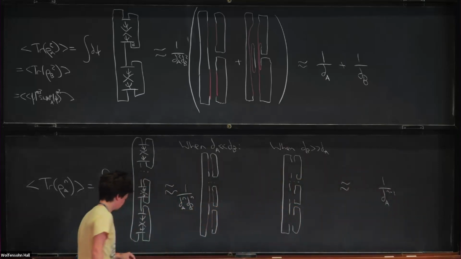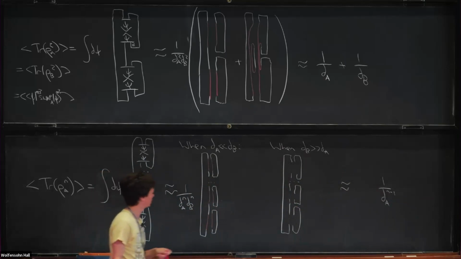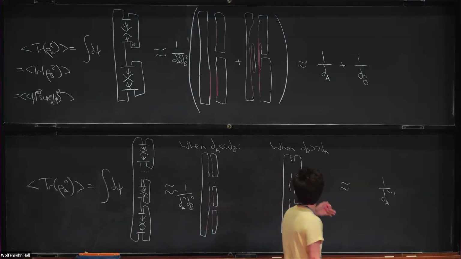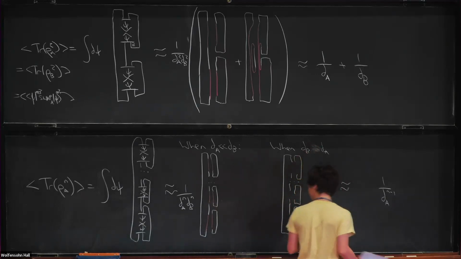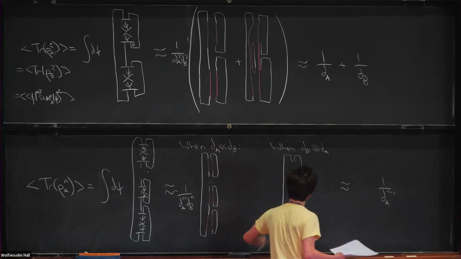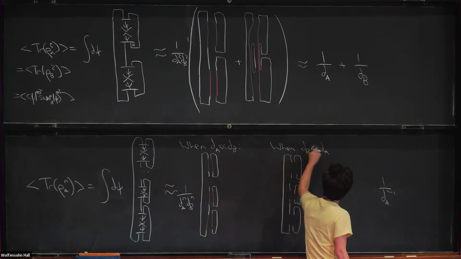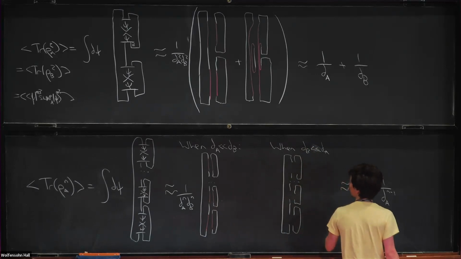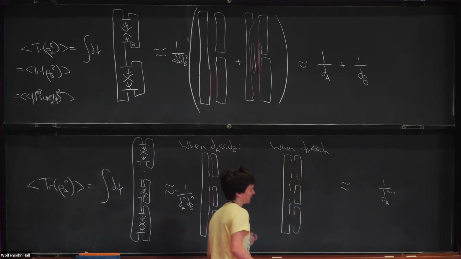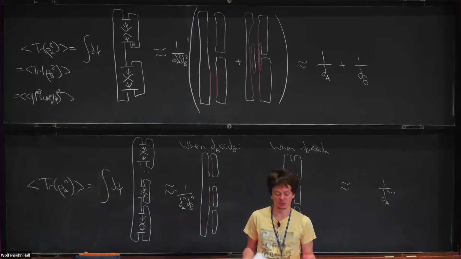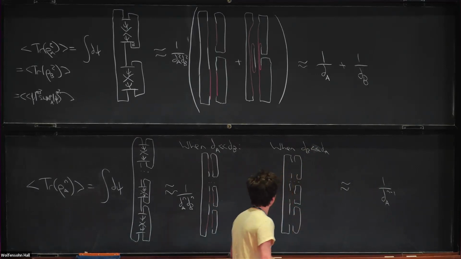The other case is when dA is much bigger than dB. And in that case, we want to maximize the number of A loops rather than the number of B loops. How do we do that?